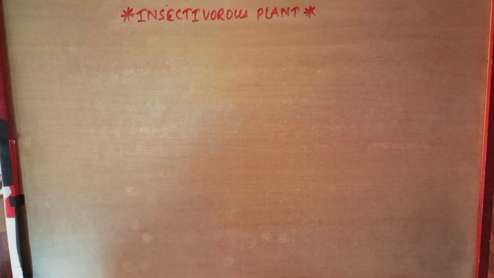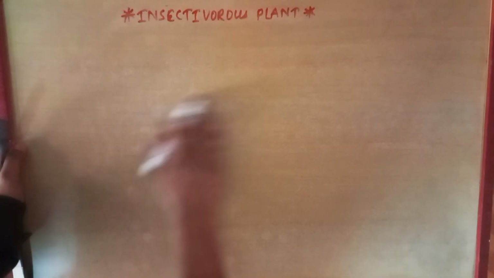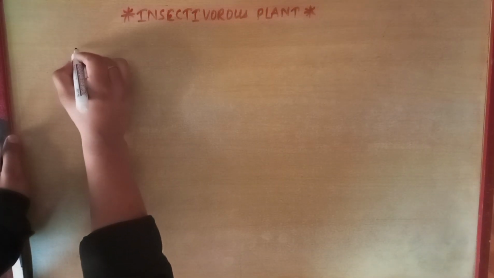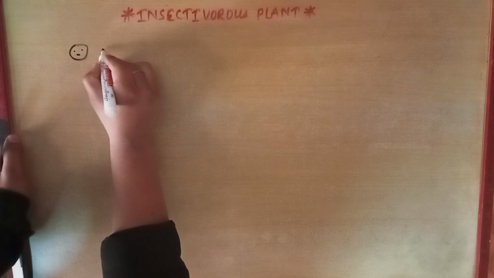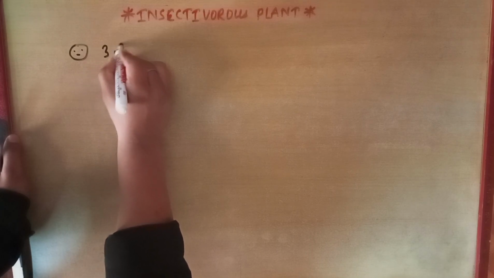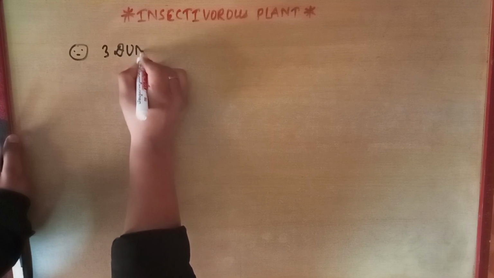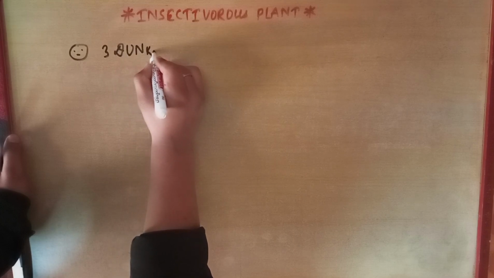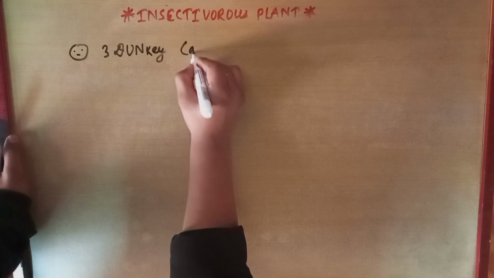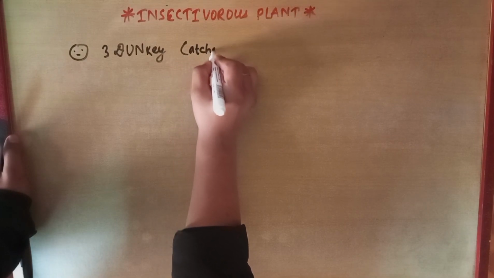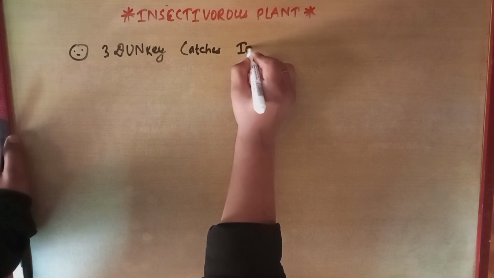So for insectivorous plants, the trick is "3D UN catches insect".